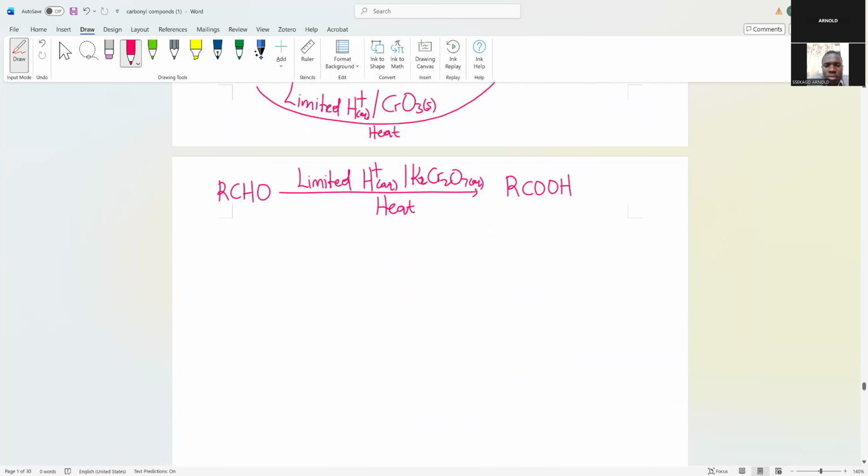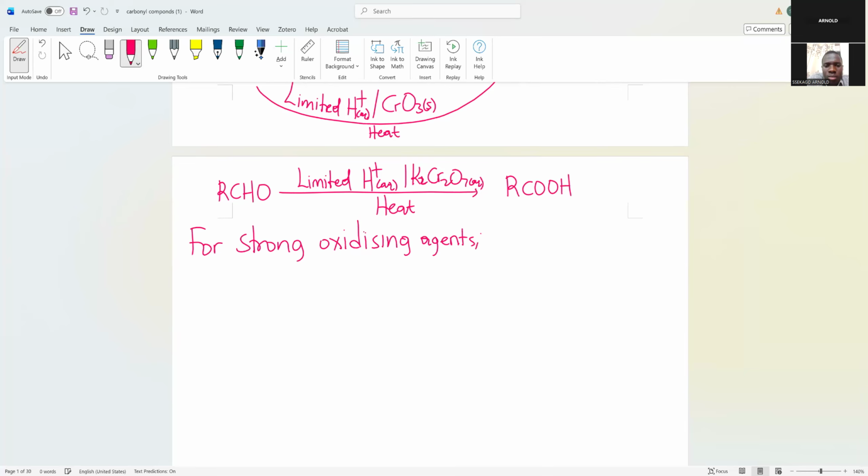Then for strong oxidizing agents, I am emphasizing two strong oxidizing agents.